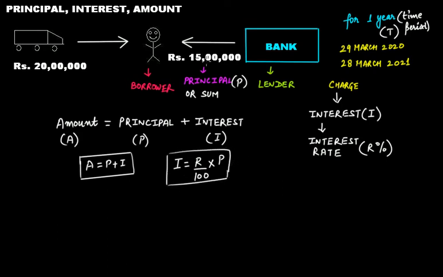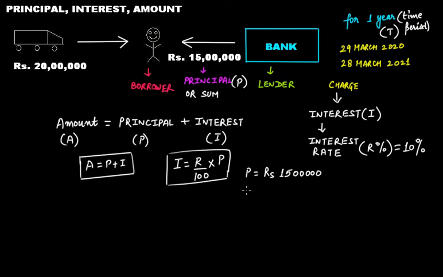Let me show you with this example. What is P here? P is rupees 15 lakh. Let's say the interest rate, that is R%, that the bank asks for is 10%.